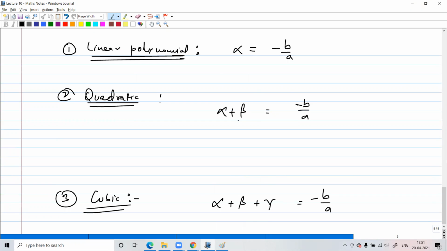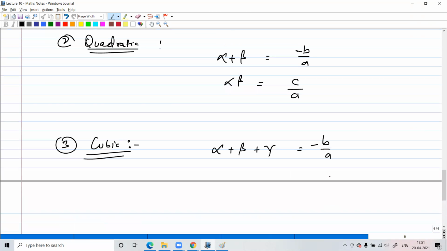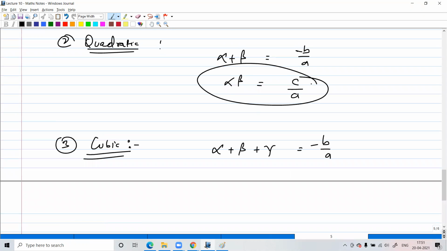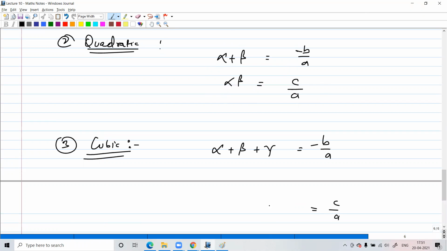Now, in the same way, try to extend the idea. Let's get back to the quadratic again. What was the product of roots? We call it alpha into beta, right? C by A. This C by A will come here as it is, C by A. But this time it is not just alpha into beta, but the sum of the product of roots taken two of them at a time.